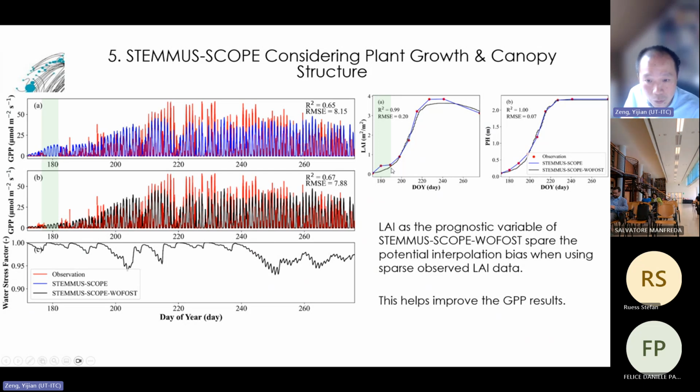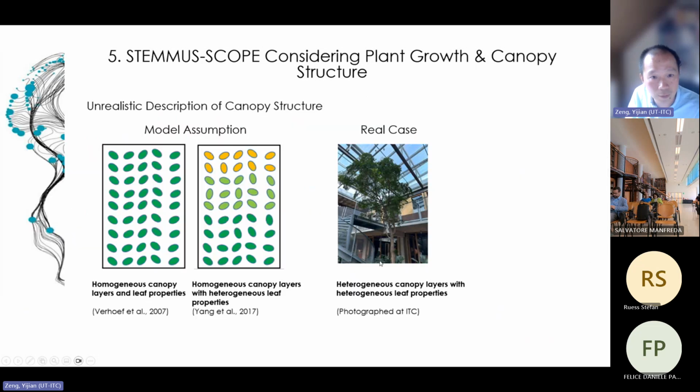But if you use the plant growth module, which gives you a much smoother development of LOAI in the beginning of the growing season, then you don't see such a jump of GPP in your simulation. So this is also an advantage of having this plant growth model.